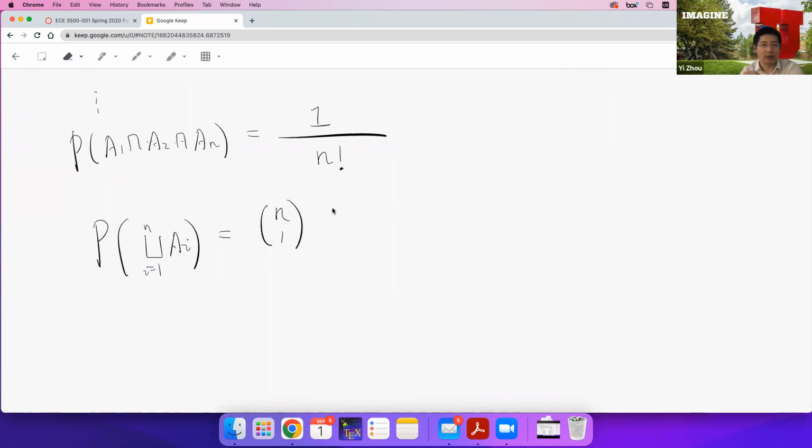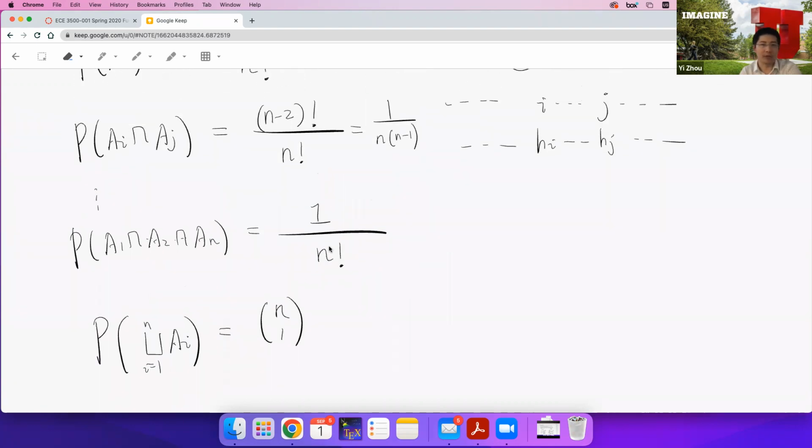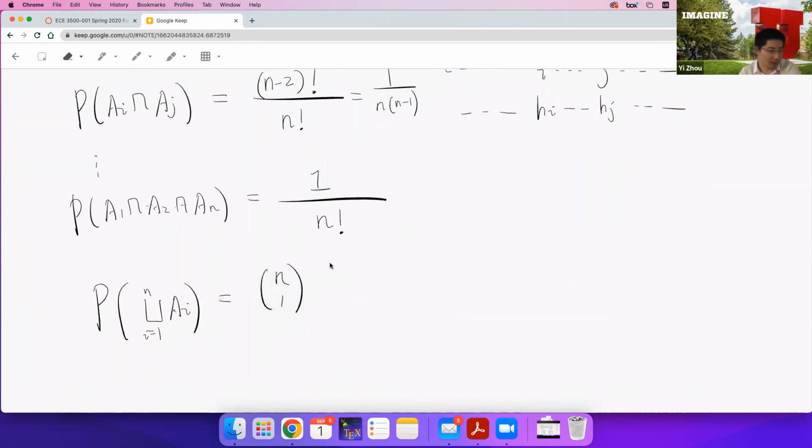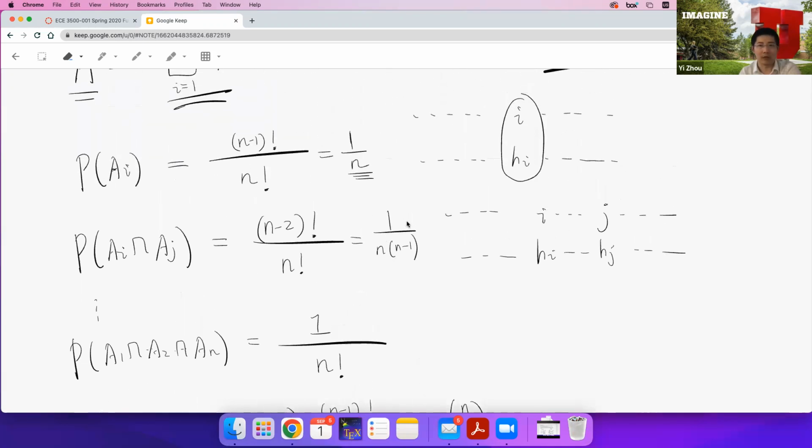These are the number of terms for each summation, and for each one we have this probability. So just plug them in. For the second term we do minus: we have n choose 2, and the probability is this one.